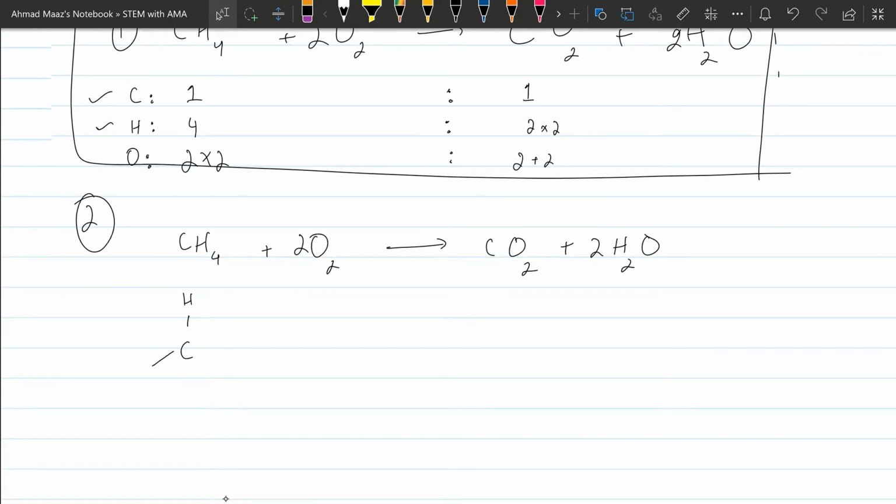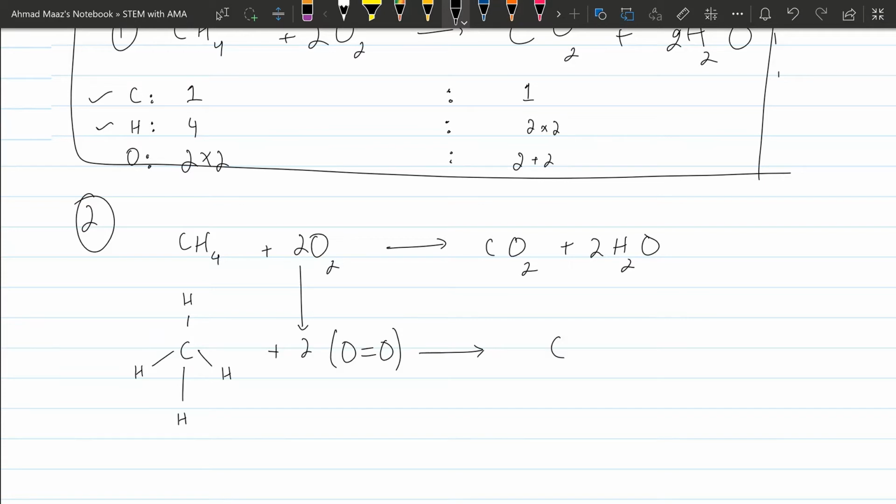CH4 looks something like this. We have carbon in the center and 4 hydrogens surrounding it. And then we have 2 oxygen molecules. Oxygen molecule looks like this: oxygen double bond oxygen.